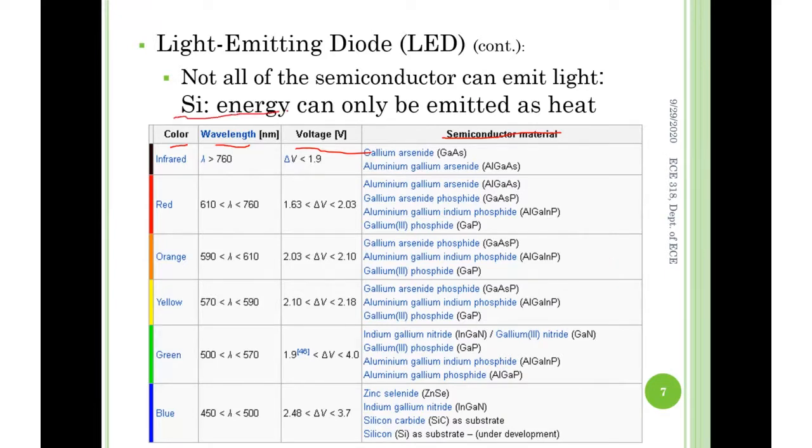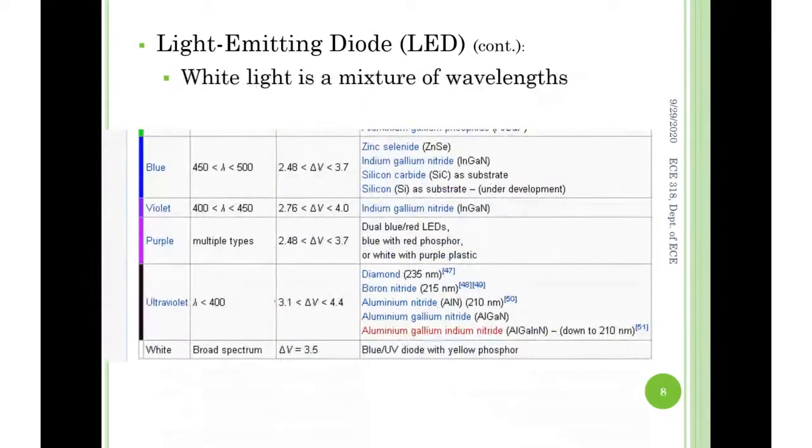Of course, silicon-based material can only emit heat. It cannot generate light. So it must be a certain compound. The purple has the highest energy because of the lowest wavelength.